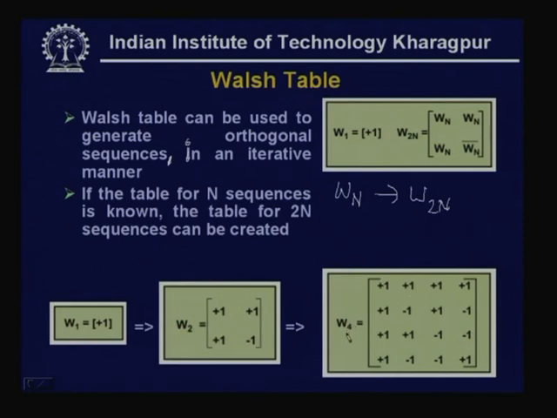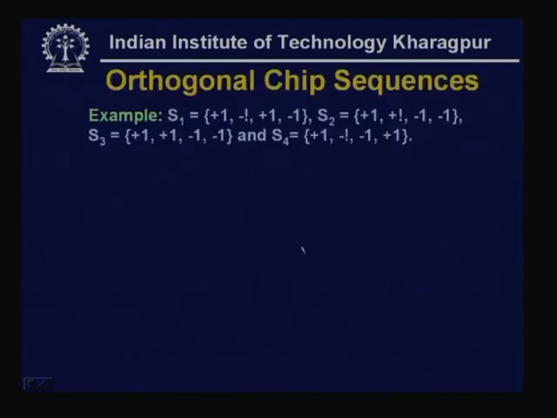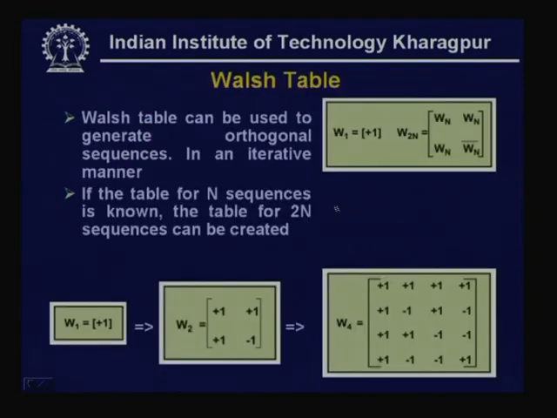Then W4 can be generated from W2. Let me show here. W4 is equal to, you have to put this matrix, that means plus 1, plus 1, plus 1, minus 1. Then here also you have to put plus 1, plus 1, plus 1, minus 1.